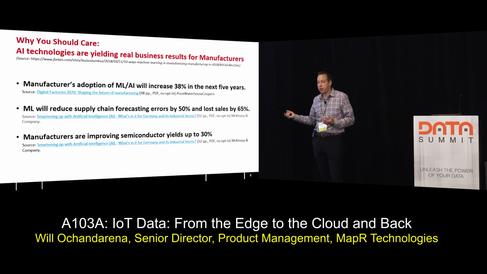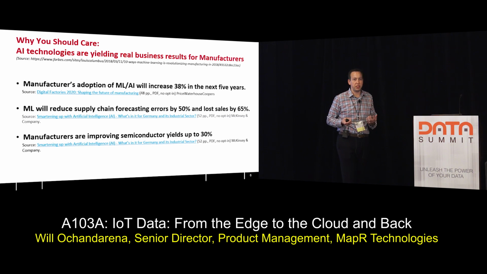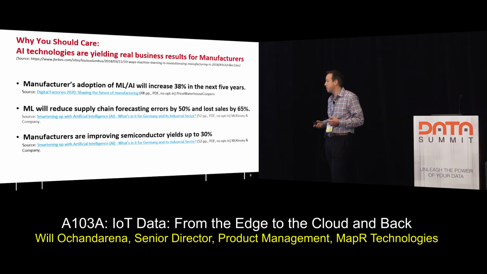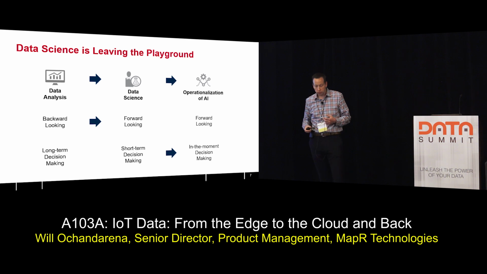Now, when I first read this one, the 30%, it was like, oh, 30%, that's kind of nice. But then you consider how hard it is to make any sort of improvement to semiconductor yields. This is the kind of thing where people have 1-2% increases and they pat themselves on the back. So 30% is pretty impressive. So it kind of lends credibility to investing in this kind of technology.